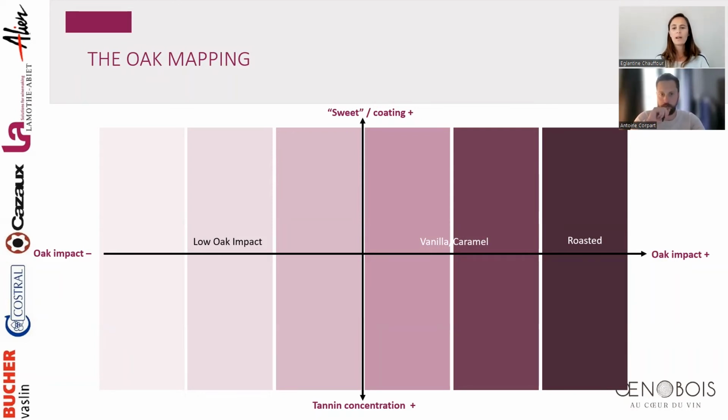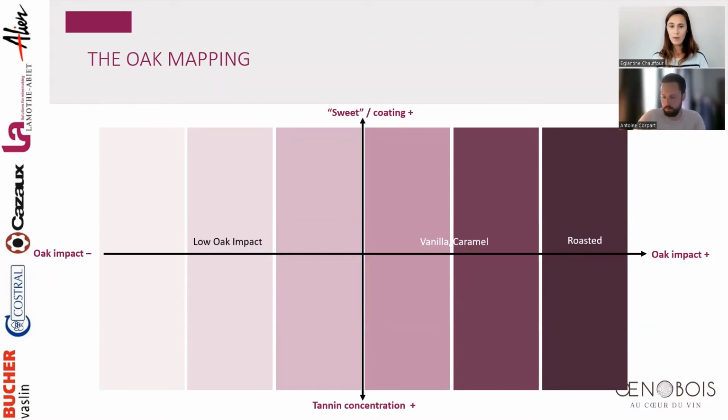From left to right, we are looking at the oak impact. There is a low oak impact on the left part of the graph, and a higher oak impact in terms of aromatic impact on the right side of your graph.